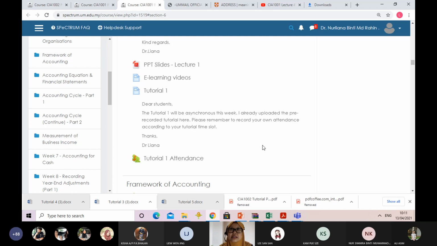So you can prepare your answers in Excel or in Word, but then you have to copy and paste in the Spectrum. And if you want to attach the answer, please attach in PDF format. I will allow only one attachment.